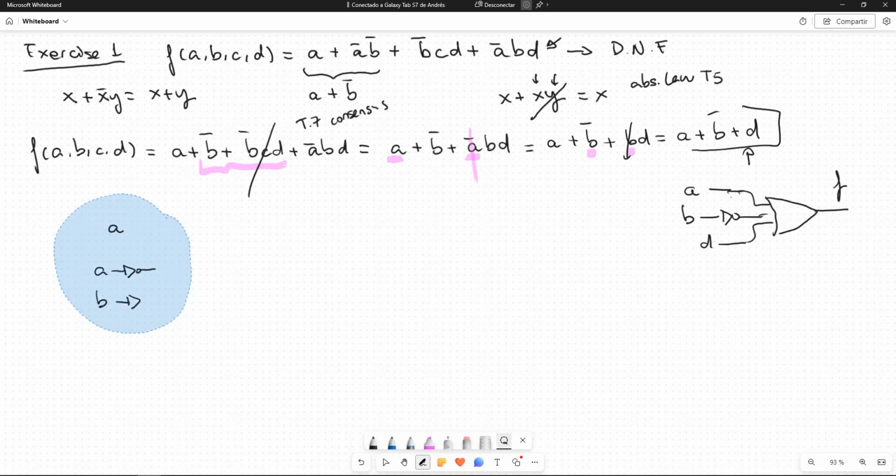But you can imagine that to implement this circuit with logic gates, you are going to need more gates. You are going to need 1, 2, 3 AND gates, 1 OR gate, 4 gates, and some inverters. It's going to be much costlier.